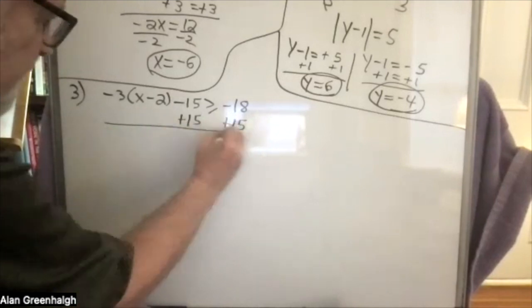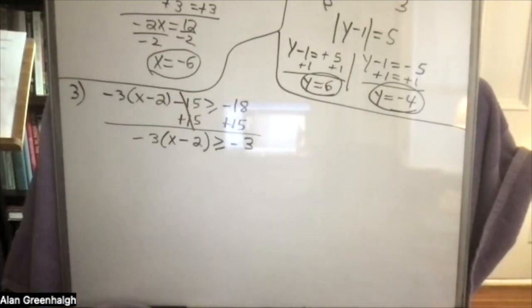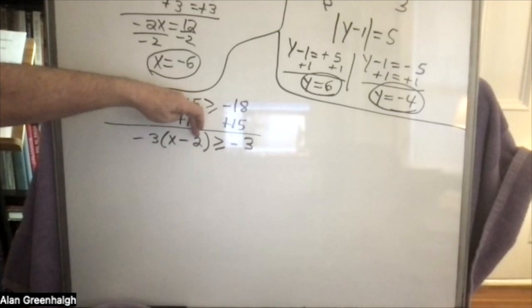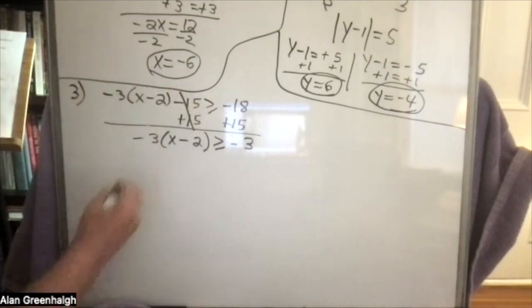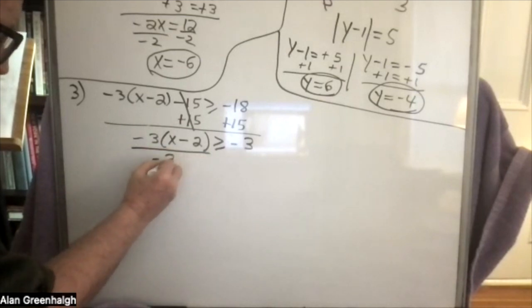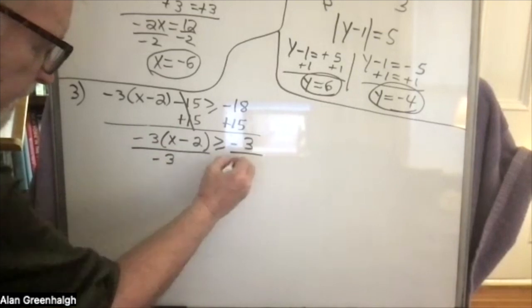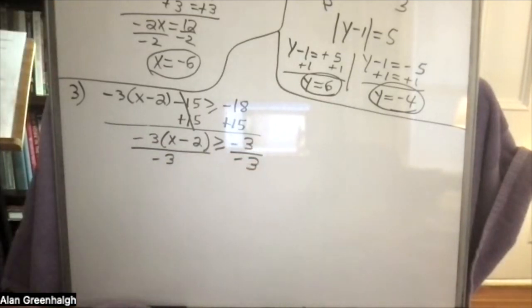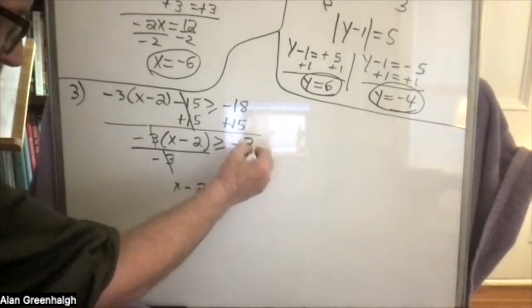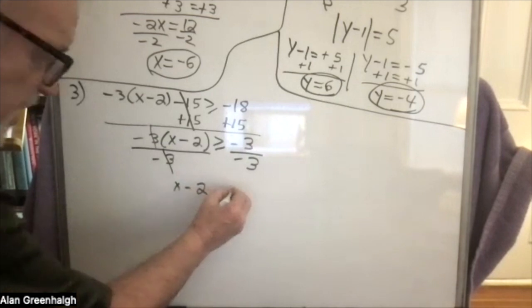You could multiply -3 times x, -3 times -2, I suppose, but I would divide everything by -3. That's how I would do it. And you get rid of these. You're left with x minus 2. -3 divided by -3 is +1.